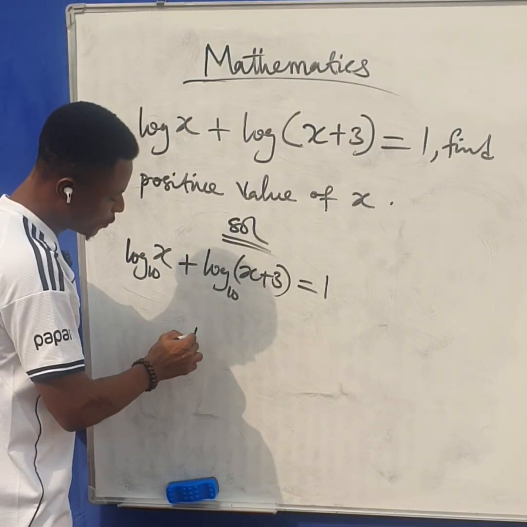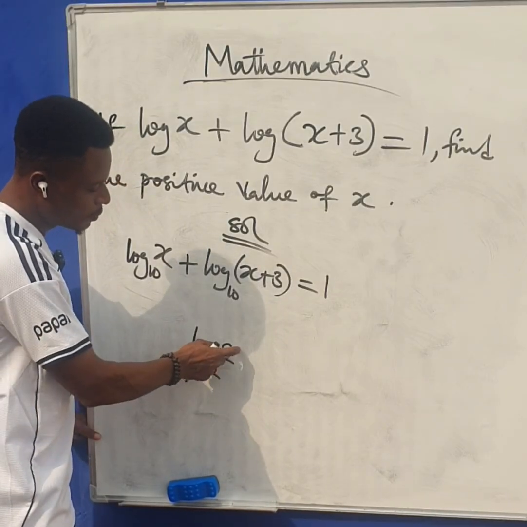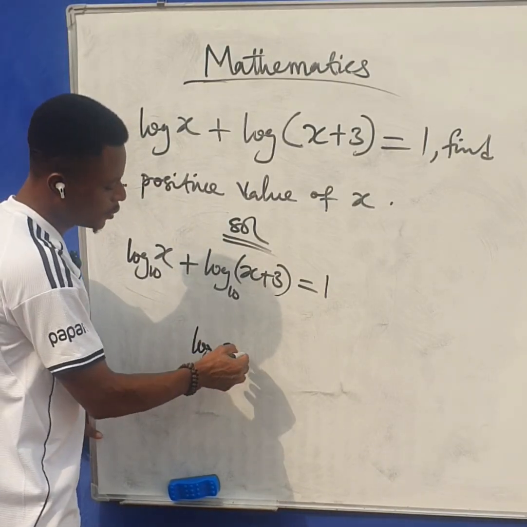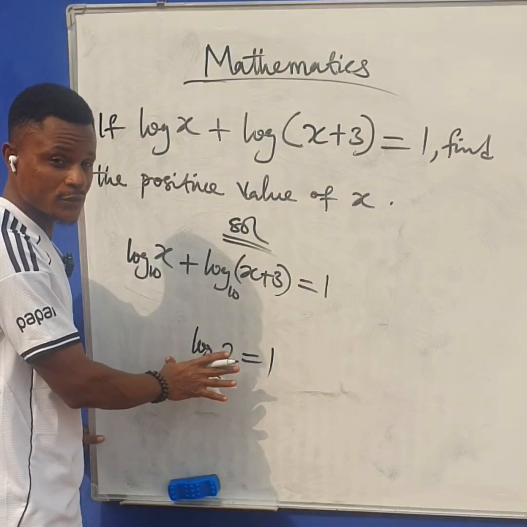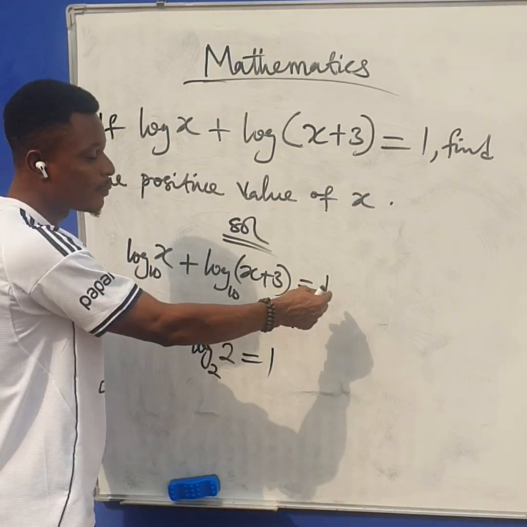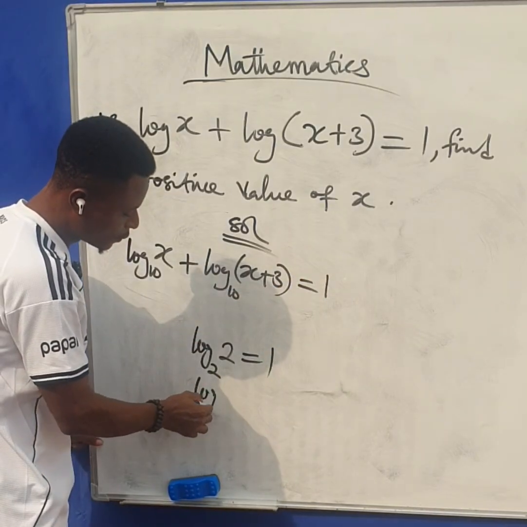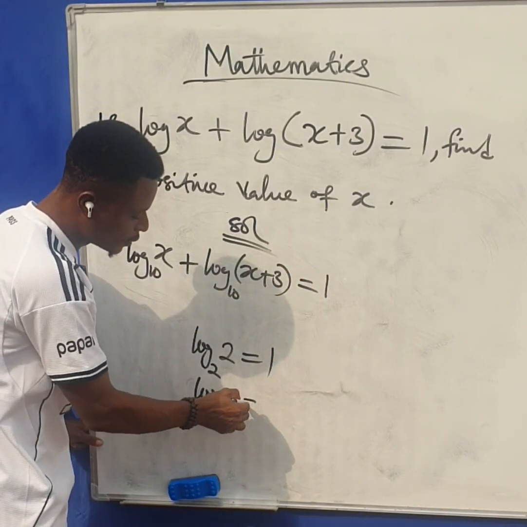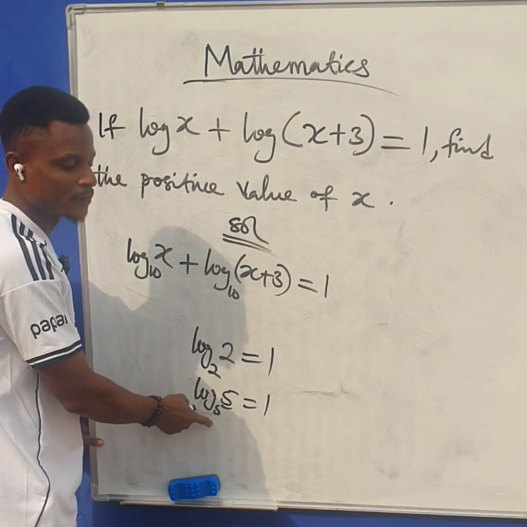If we have log 2 in base 2, because the number and the base are the same, it will be equal to 1. If you have log 5 base 5, it will be equal to 1. Why? Because the number and the base are the same.